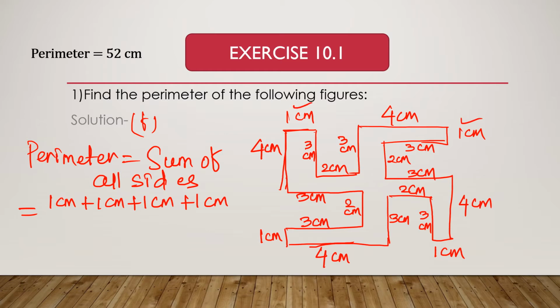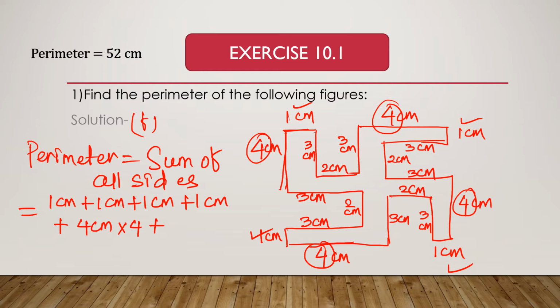How many 1s? 1 2 3 4, plus 4 centimeter multiplied with 4, that is 16.